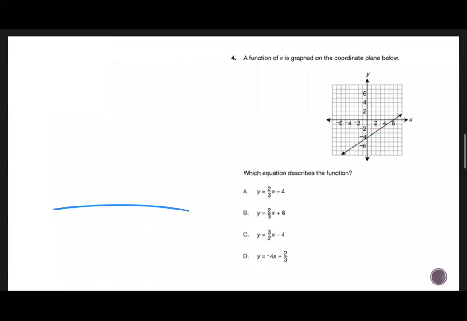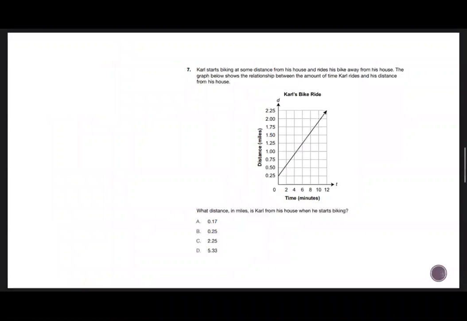Let's go through another multiple choice problem. Carl starts biking at some distance from his house and rides his bike away from his house. The graph below states the relationship between the amount of time Carl rides and his distance from his house. What distance in miles is Carl from his house when he starts biking?